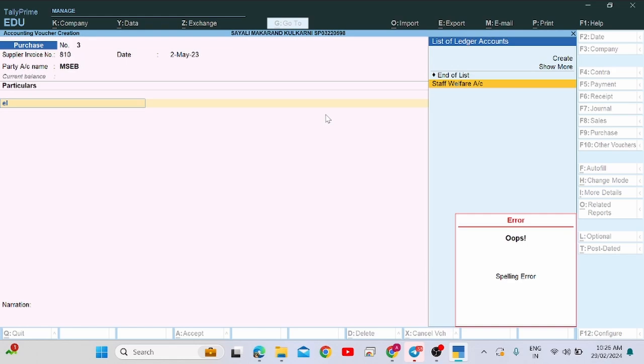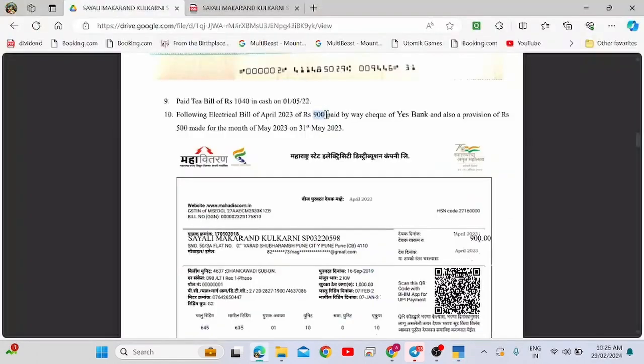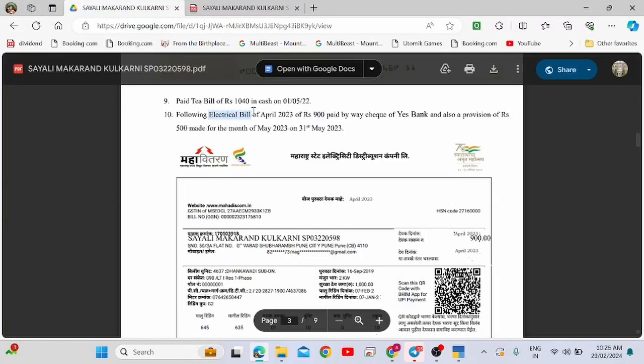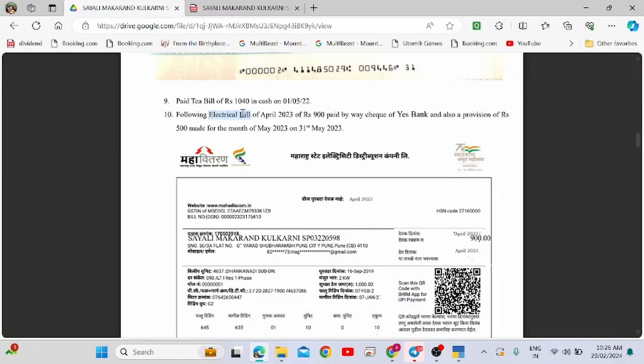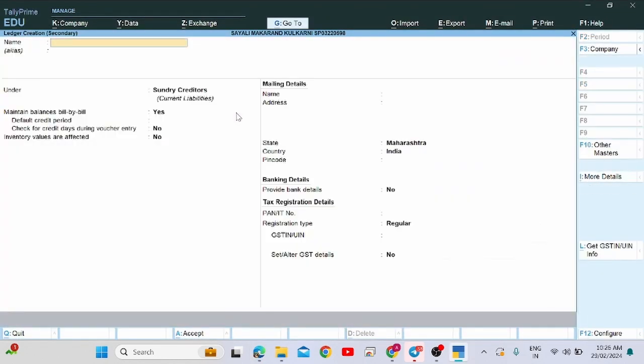Here I want electricity bill, electricity account, electricity bill, correct, electricity, don't say electricity, electric, control B, electricity bill account.